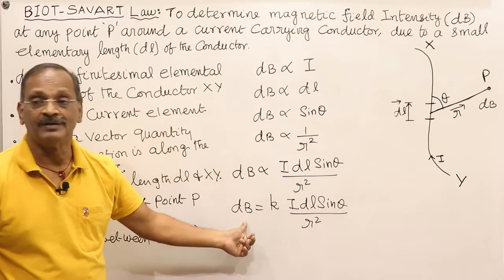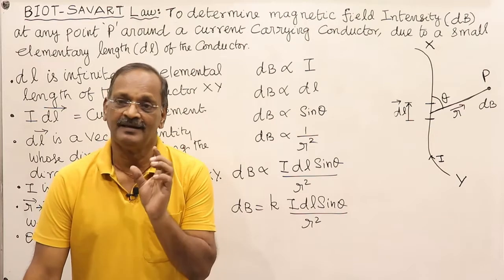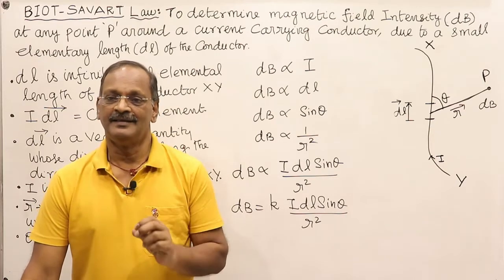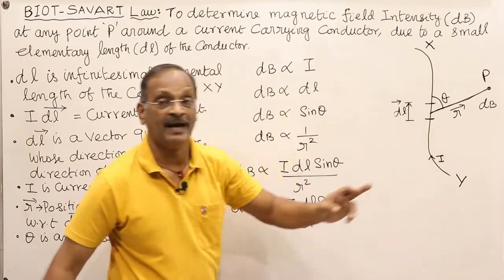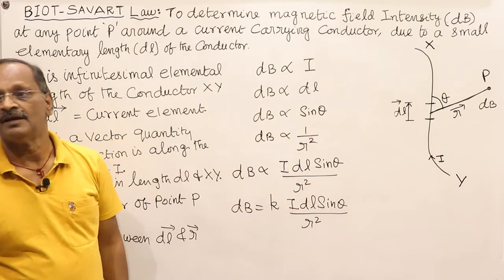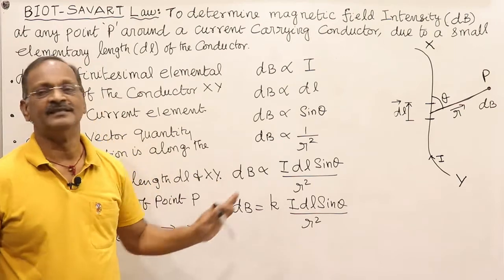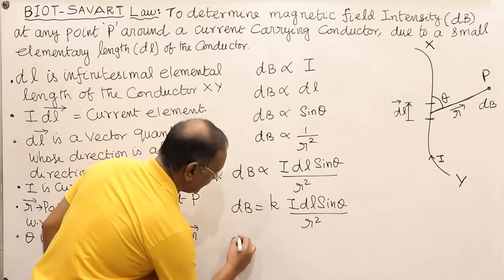What does this dB stand for? dB is the magnetic field intensity produced due to this current element, not by the entire conductor. You have to remember this in the Biot Savart law.